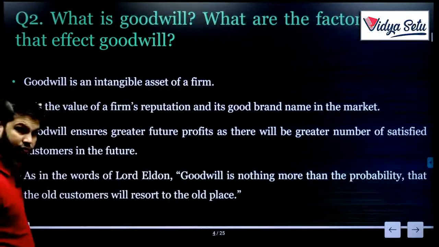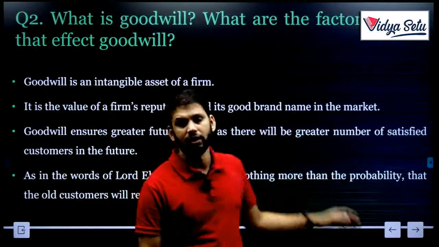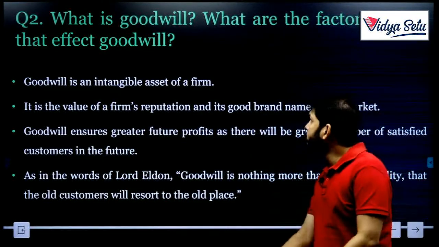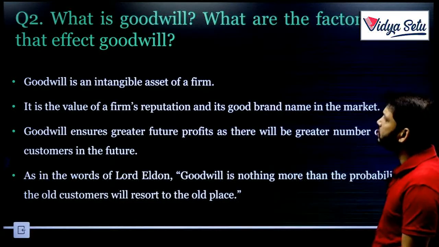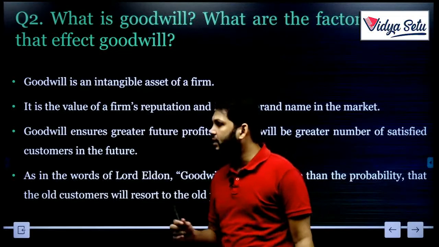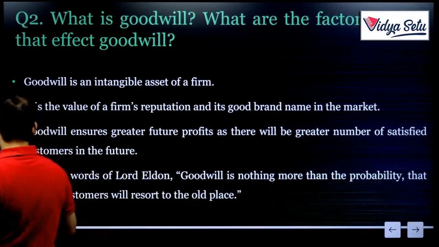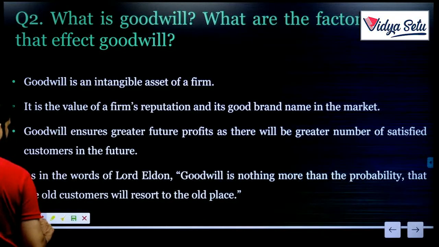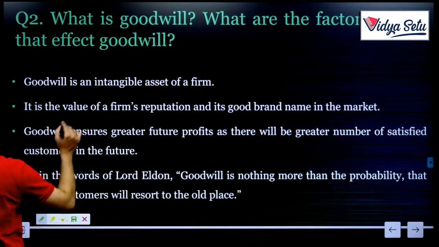Question number 2 now. First question was actually a very short one. Now the second, third, fourth will not be short questions. So what is goodwill and what are the factors that affect goodwill? Goodwill is an intangible asset. Do you remember the important words? Goodwill is an intangible asset.